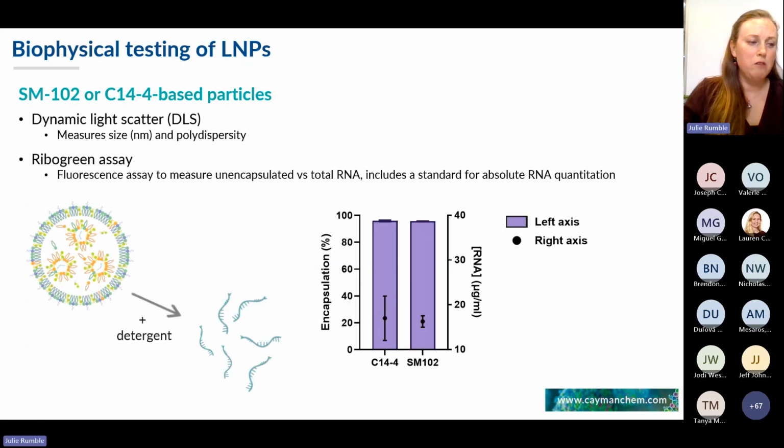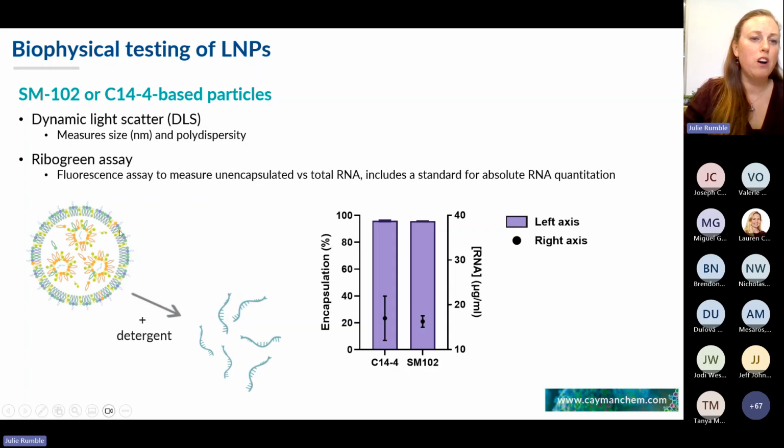In addition to the size of the particles, the success of encapsulation is an important parameter. This is tested using a dye that fluoresces in the presence of RNA. With intact particles and successful encapsulation, the fluorescence is low. Addition of detergent releases the cargo and makes it available for binding the dye, which results in a measurement of the total RNA, both inside and outside of the particles.